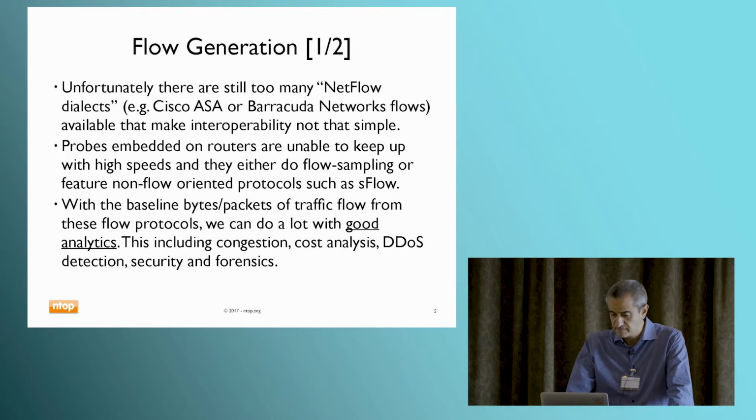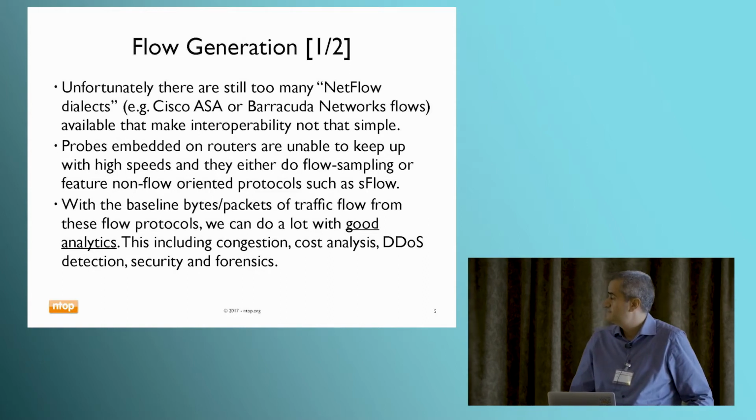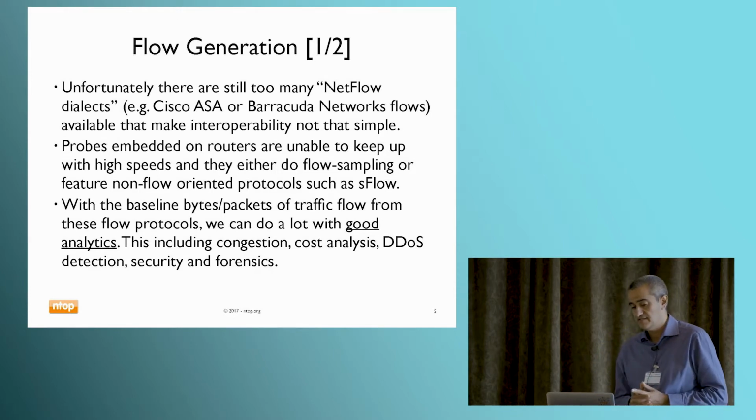So simply don't look at just a time series on the screen, but try to move forward to the next level. Now, flow generation. For years, people have used routers or physical devices to do so. But unfortunately, those devices are still not very interoperable between the models and the vendors. If you think about Cisco, for instance, even inside the Cisco company, there are different models.